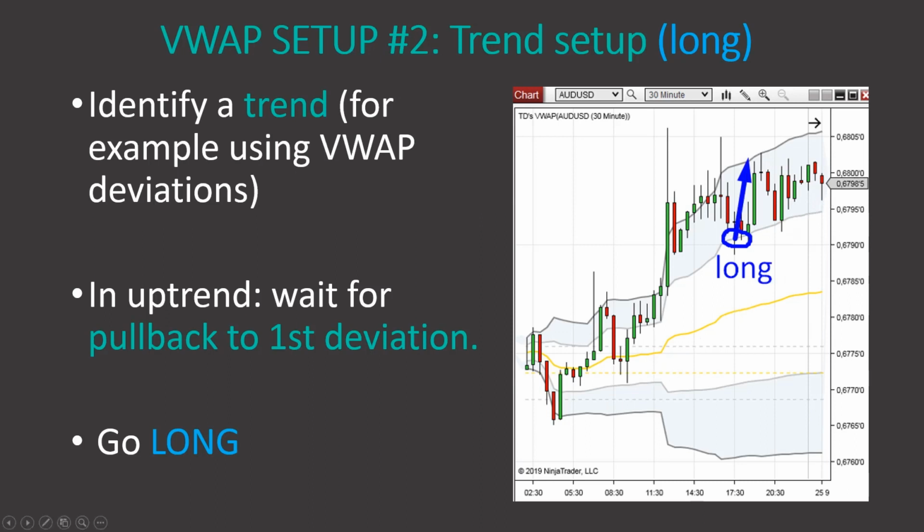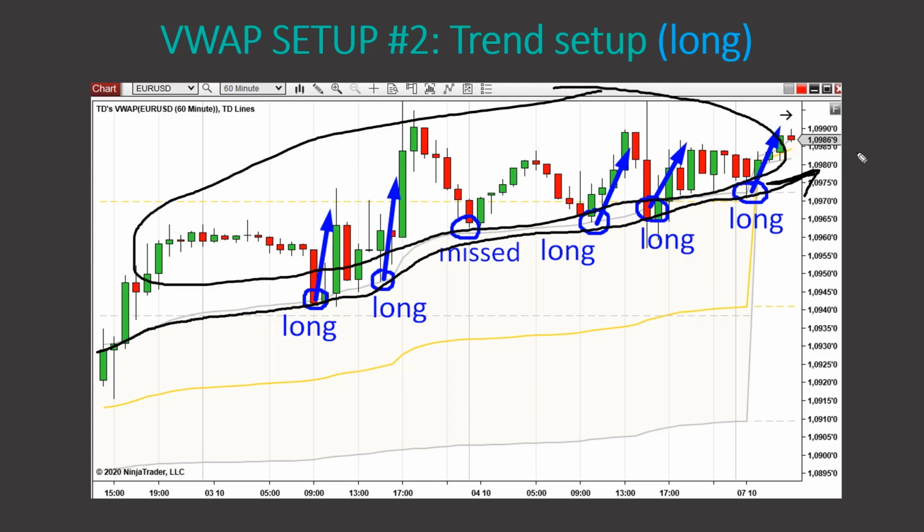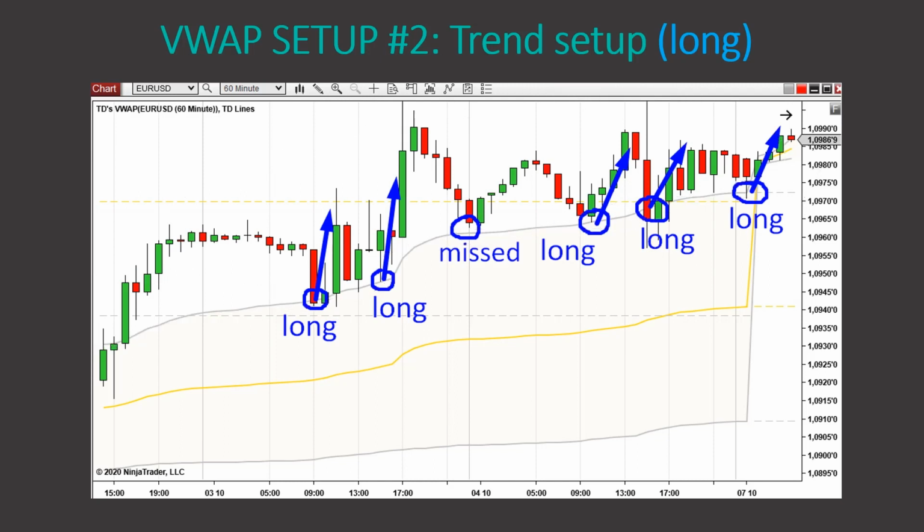So that's the trend setup. One more picture of that. So first deviation moving vertically, moving upwards. This tells you that there's an uptrend, and you want to see price moving above that, above the first deviation. It's above the first deviation for the whole time actually. So you just need to wait for the pullbacks.